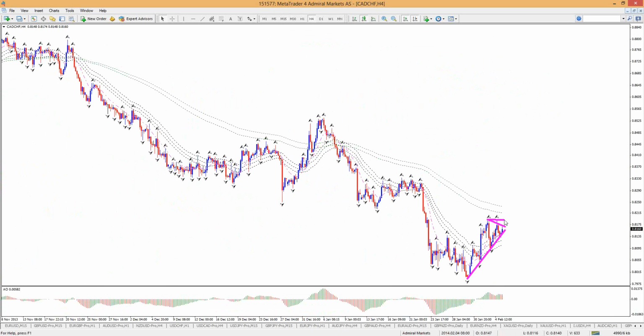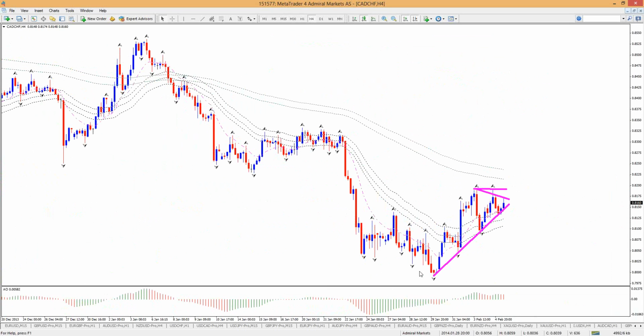The 4 hour, however, you can see it's not as clear. Price was in a downtrend, in fact, is now making a potential bigger retracement. So the break to the upside, in fact, although it's with the trend on lower time frames, is actually a continuation of a retracement or reversal on the 4 hour.